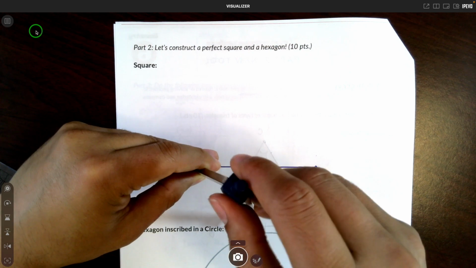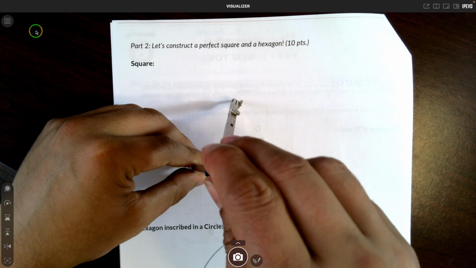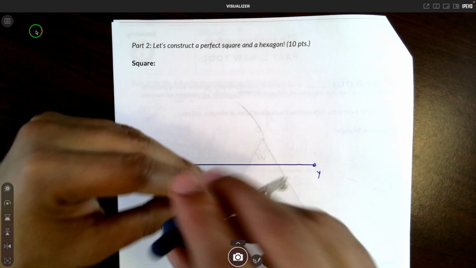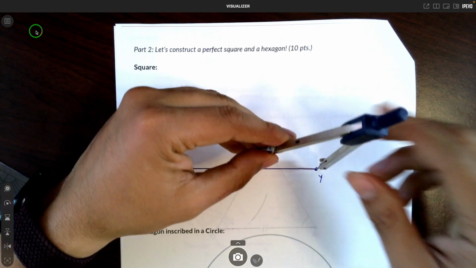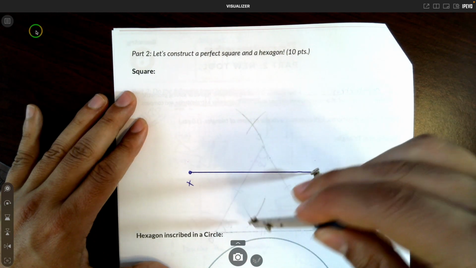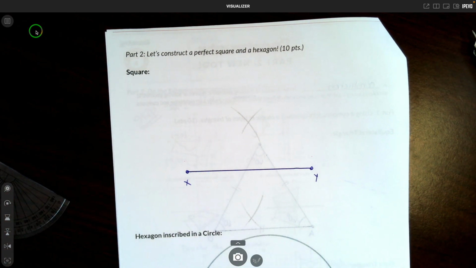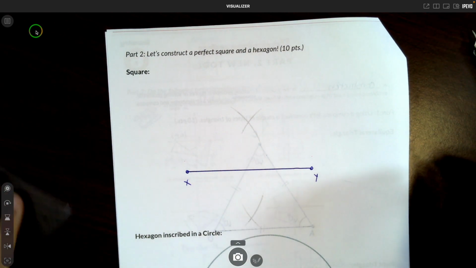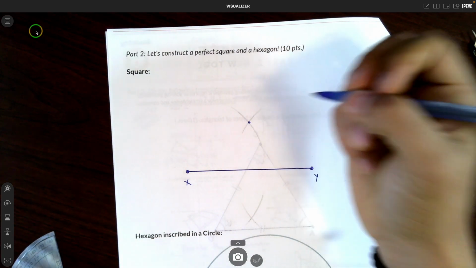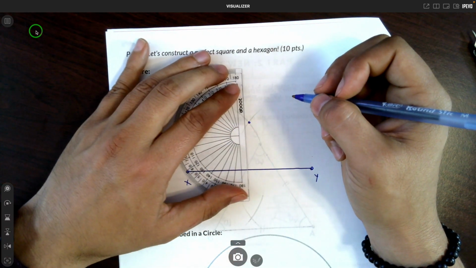I'm gonna draw an arc. The bottom. And the top. I'll do the same thing over here. Just for the record, this is not like super nice, but anyways, I'm next gonna draw a point, and I'm gonna go ahead and draw a line.